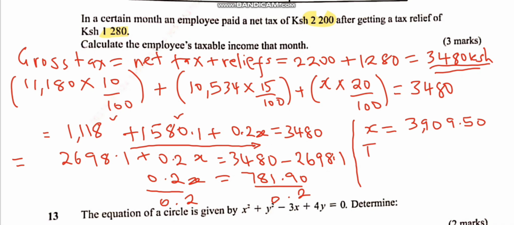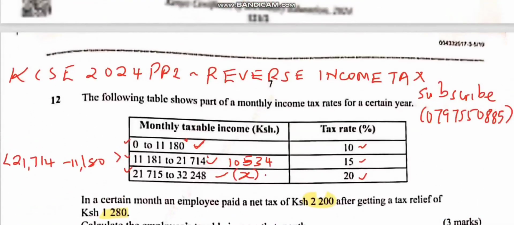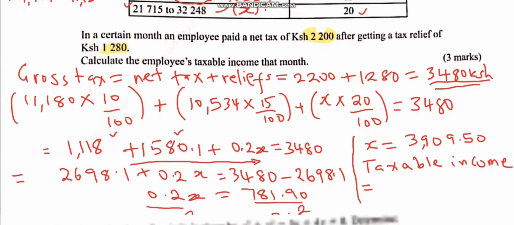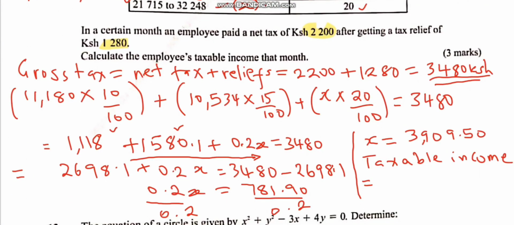So kupata taxable income yako, utachukua taxable income ya two slabs upwards, na ukiona taxable income for the two slabs ni 21,714 ambayo ni hapa. So utachukua hiyo 21,714 add it to the taxable income ya that slab, which is 3,909.5.